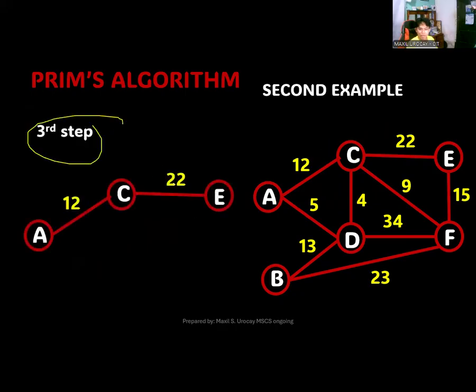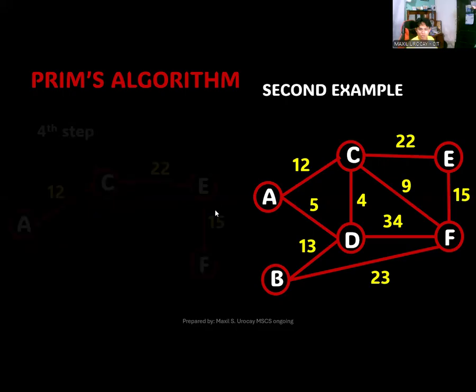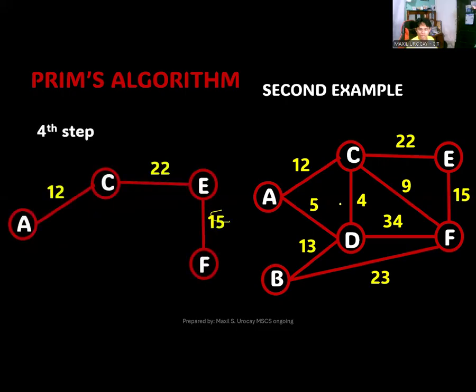For the fourth step, you check A, whose adjacent edge is 5; C, whose adjacent edges are 4 and 9; and E, whose adjacent edges are 15 and 34. We choose 15, and it is added.